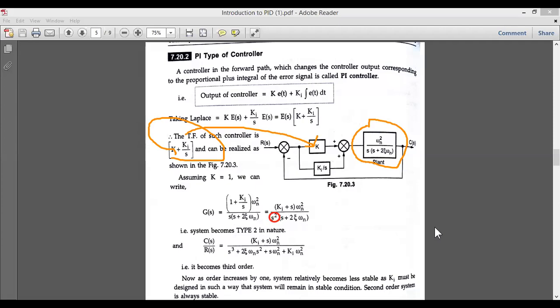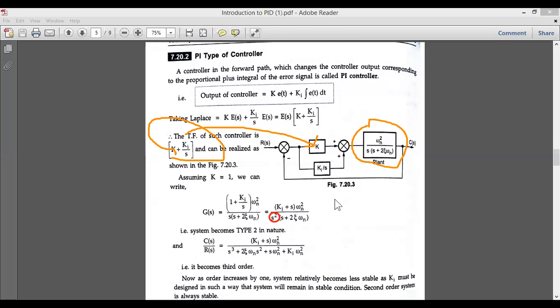If there is only s, it is type 1 system, and if the power of s is 2, then we take it as type 2 system, which we have already seen in previous video lectures. So, concluding that this G of s has the s square term, it is a type 2 system.